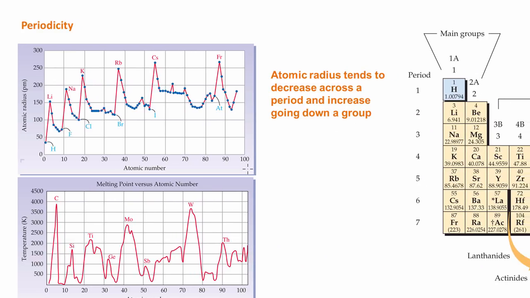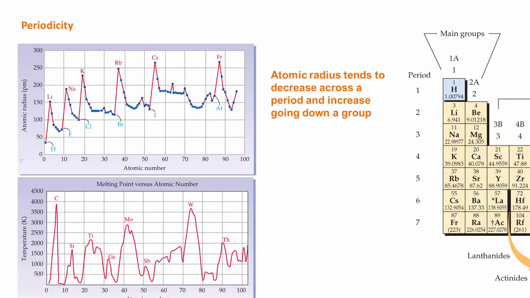We're going to find, as we go through this course, that the way the elements are arranged on the periodic table, we're able to predict many physical and chemical properties, and this is due to periodicity. So, for example, here we show this graph, atomic radius on the y-axis and atomic number on the x-axis. This plot shows us the periodicity. We see some very sharp peaks and also valleys.